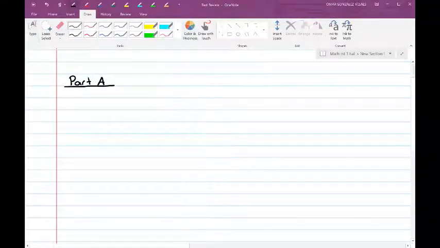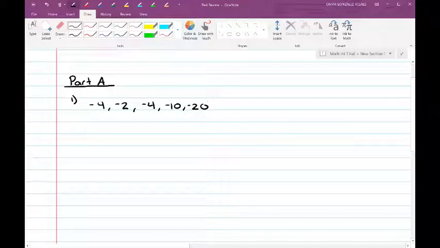So part A, the first one, it went -4, -2, -4, -10, -20. I want you guys to notice what Isabella said. She noticed that it kind of repeats, right? So this is what she noticed. The first difference.